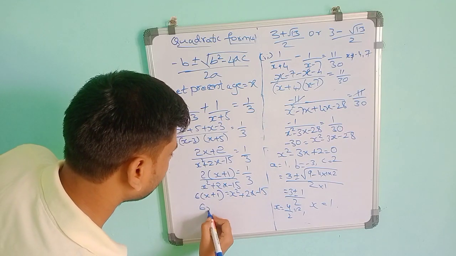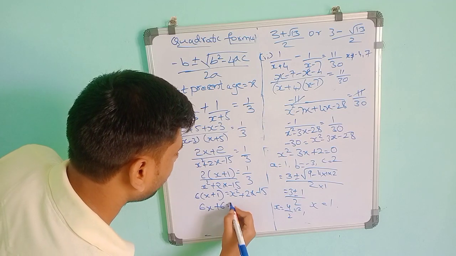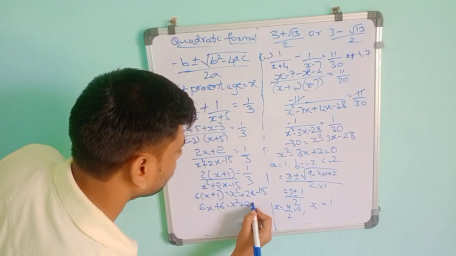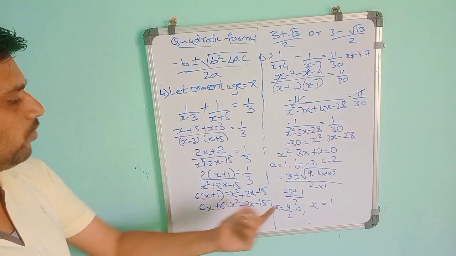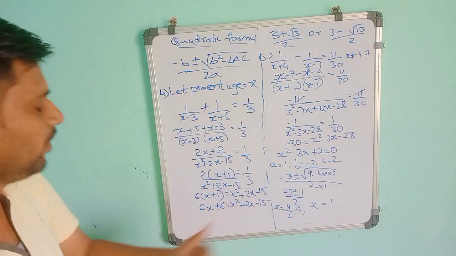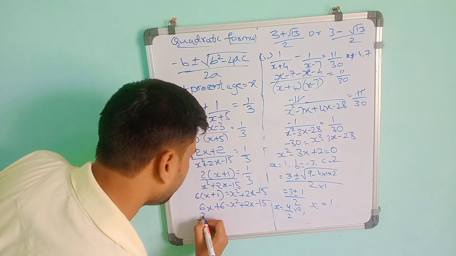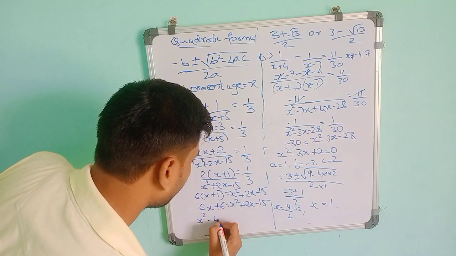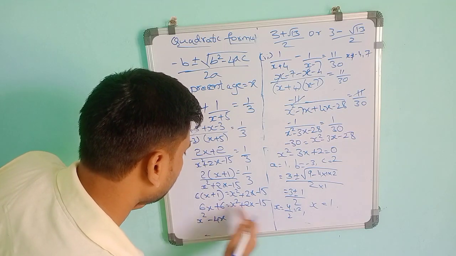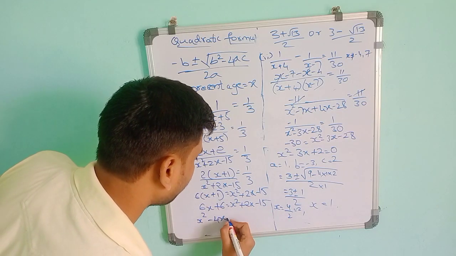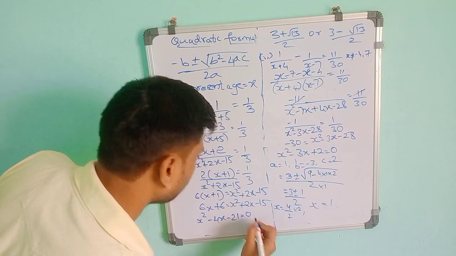6 into x is 6x, plus 6, equals x square plus 2x minus 15. So 6x and 6 you have to take to this side because x square always should be positive. So it will become x square plus 2x minus 6x, that is minus 4x, and plus 6 here, this side comes means minus 6. Minus 6 minus 15 is minus 21 is equal to 0.